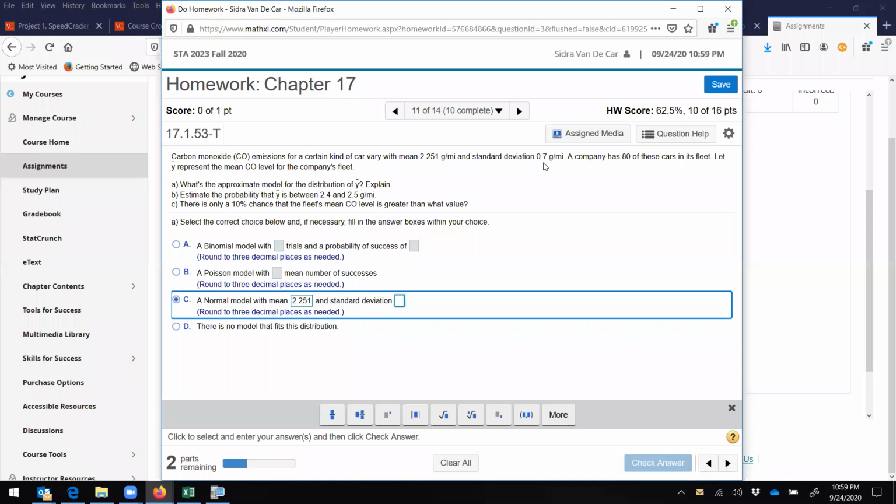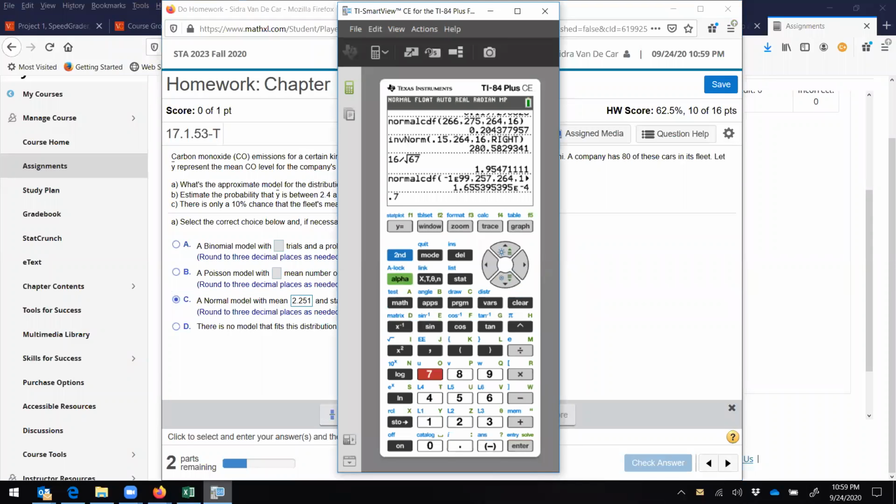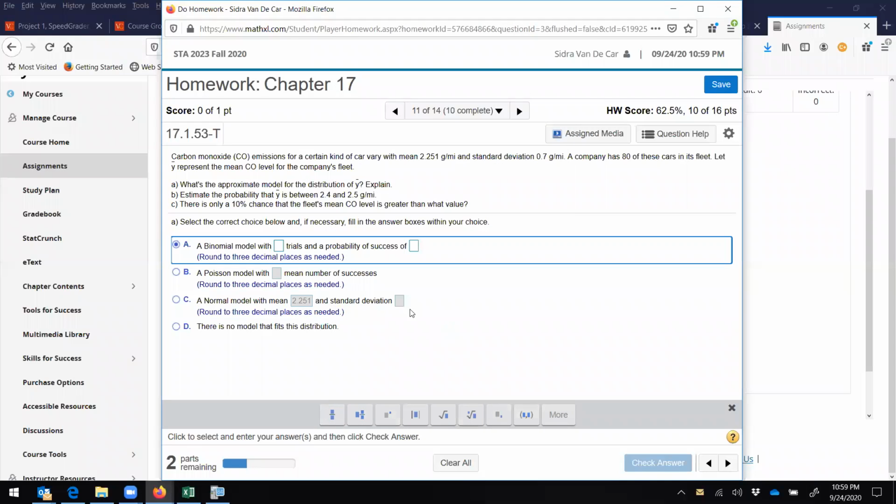And our standard deviation is the 0.7 divided by the square root of 80. Point 078.